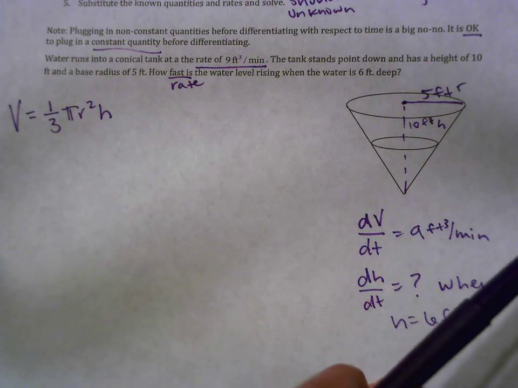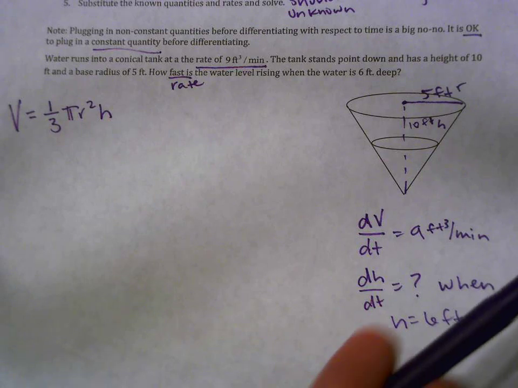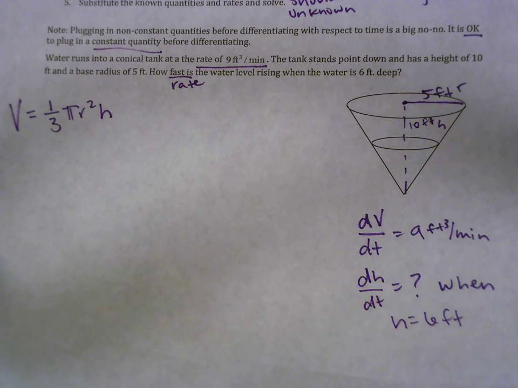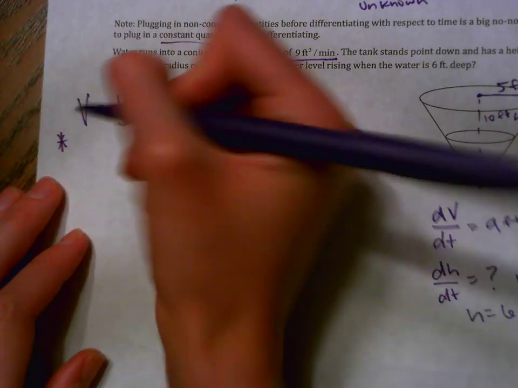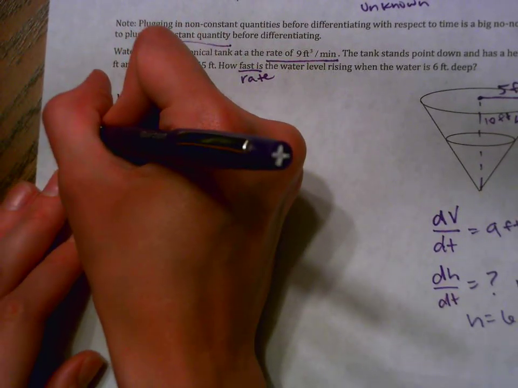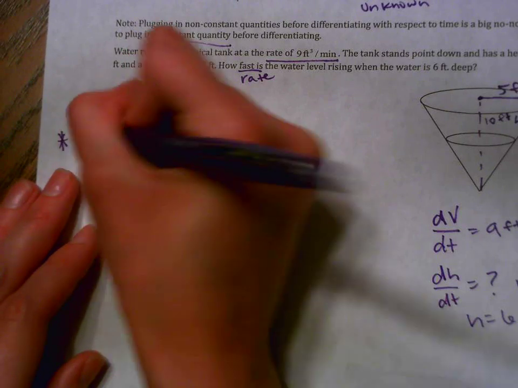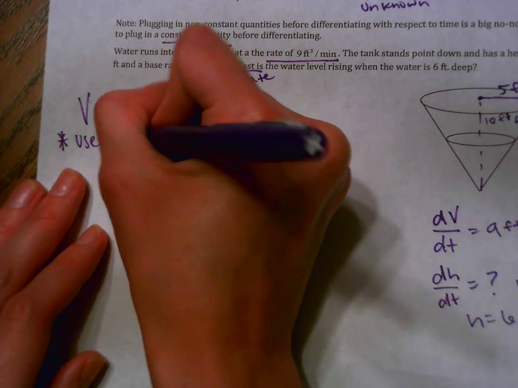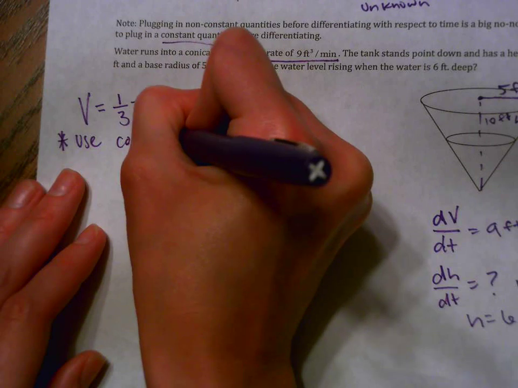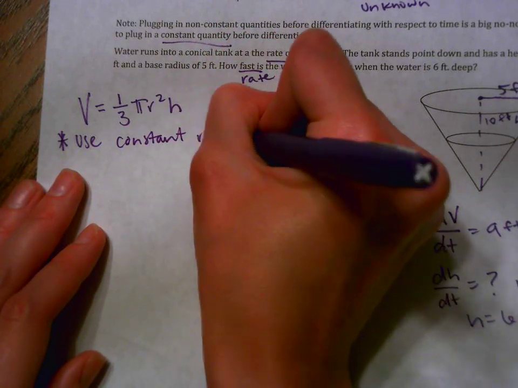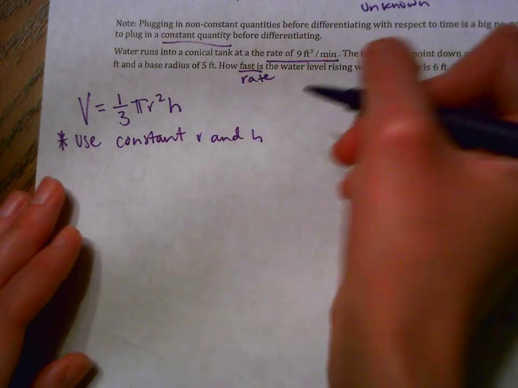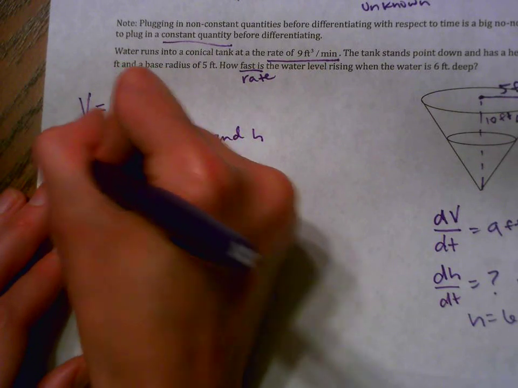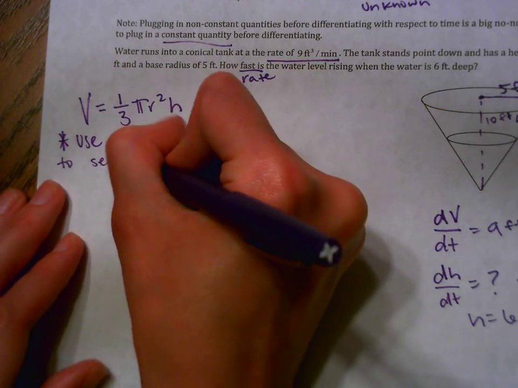So what that means is that we need to replace our R. We need to get rid of R because we don't have anything we know about it. So I'm going to make a note right here. You don't have to write this down on a normal problem, but just for your notes, I'm going to say you're going to use constant R and H, the ones that are not changing, to set up a proportion.